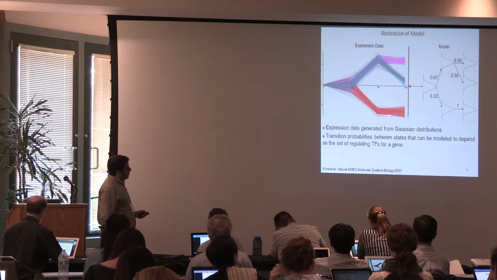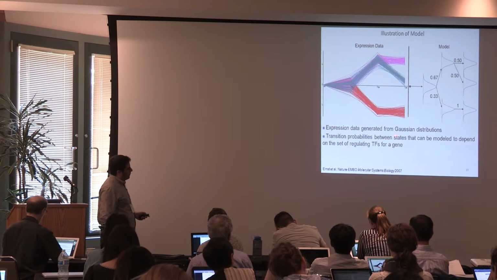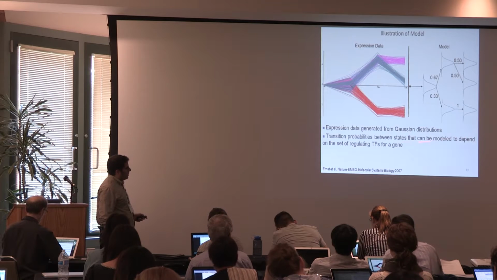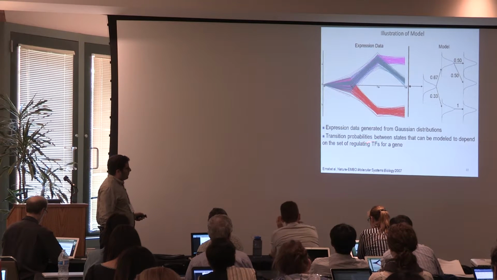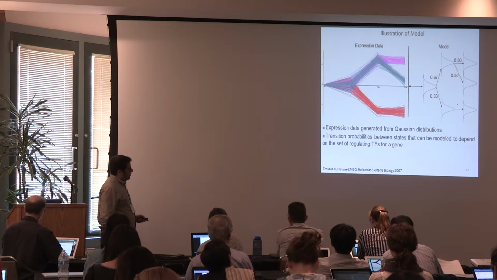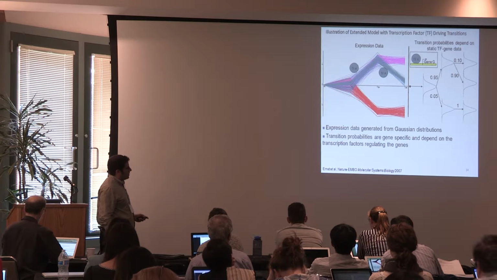But DREM is a little more sophisticated in that it also models the transitions to take into account what we know about the set of regulating transcription factors for a gene.